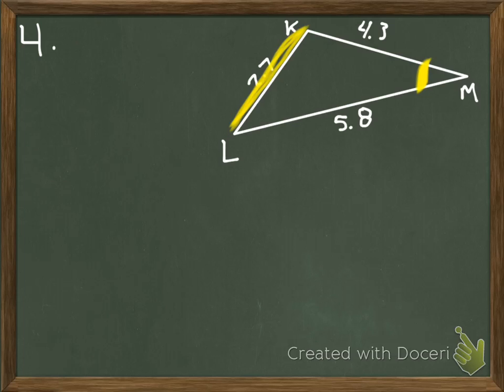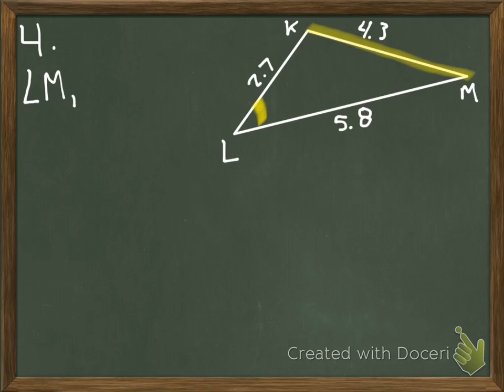So we'll start off by listing angle M, comma. Okay, let's get rid of some markings. Next we go to the medium size side, and we've got side KM. Side KM is 4.3, so that's right in the middle.